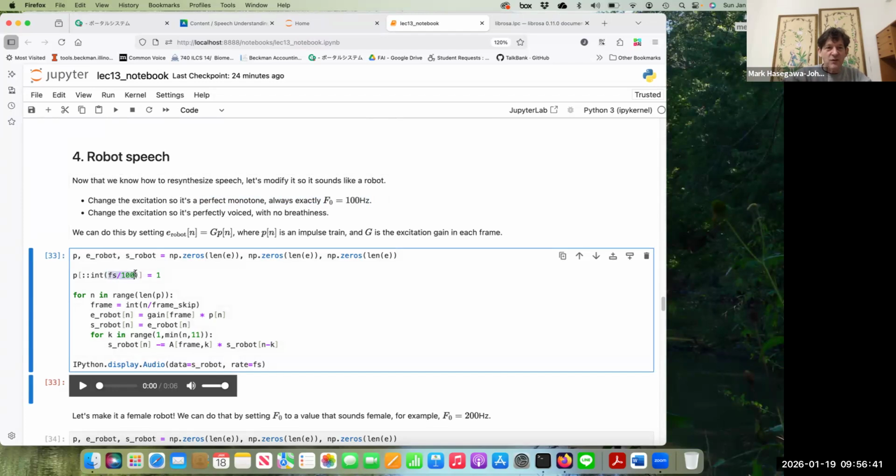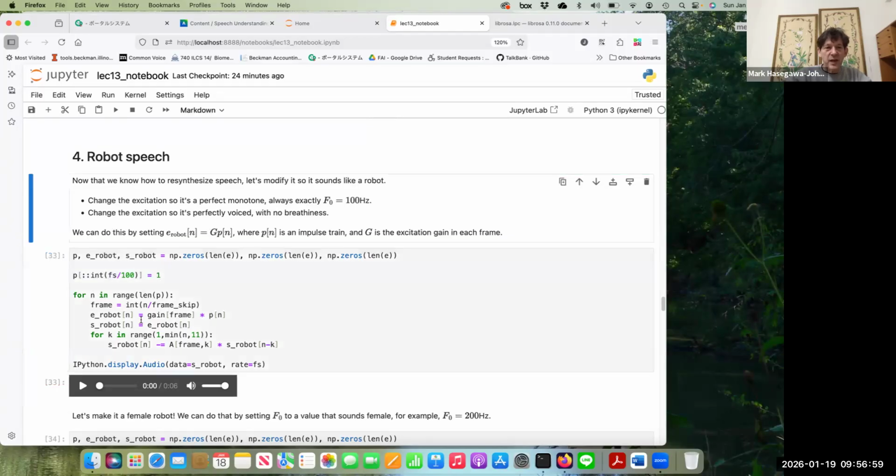So I'll take fs over 100. That gives me the pitch period in samples, right? I want a 100 hertz voice. And so I take the sampling rate, fs, divide it by 100, and set those samples equal to 1. And then the other thing I need to do is to multiply by the gain.